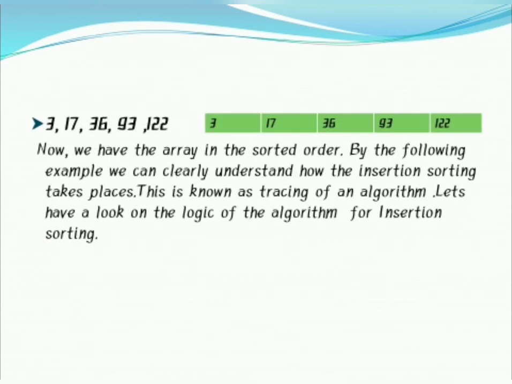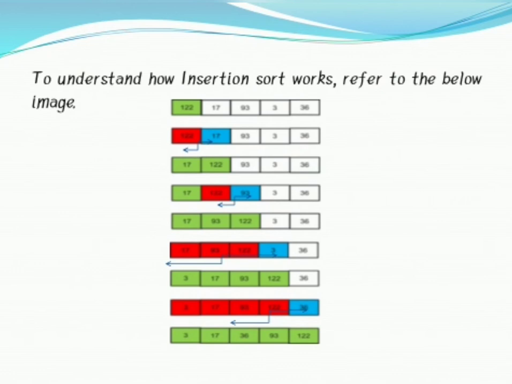Finally, we have the array in sorted order. By the following example, I think we can clearly understand how insertion sorting takes place. This is known as tracing of an algorithm. You can refer to the below image to understand how insertion sort works from the first step to the final step.